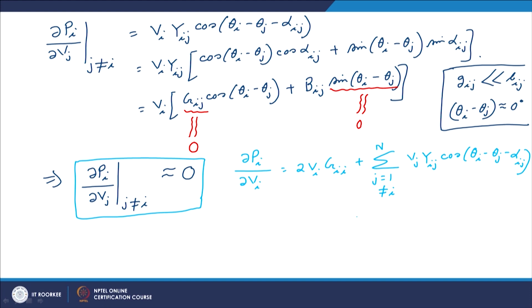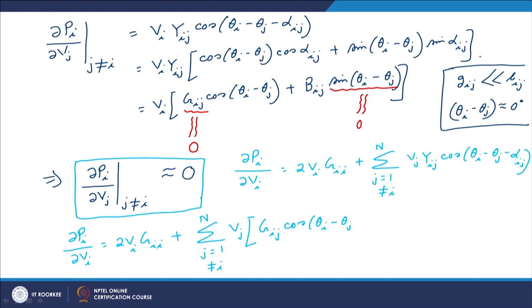So, now if we expand this part as we have done here, we can write straight away without any problem, this is 2 V_i g_ii plus the summation for j equal to 1, not equal to i, to n of V_j then g_ij cos(theta_i minus theta_j) plus b_ij sin(theta_i minus theta_j).